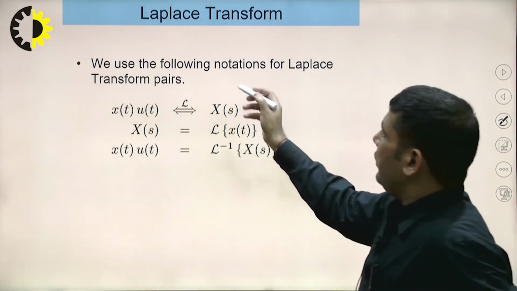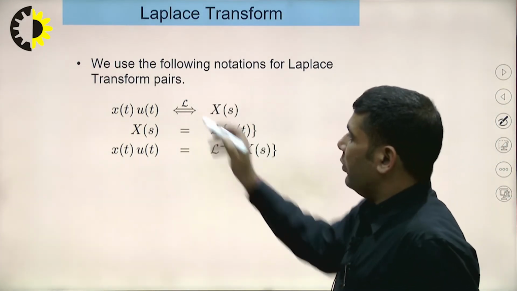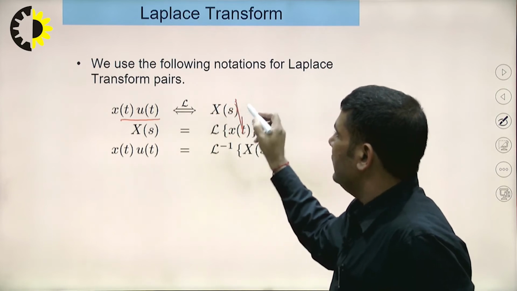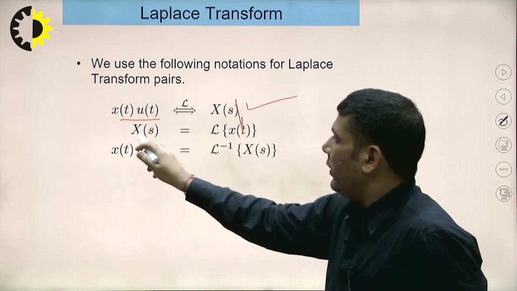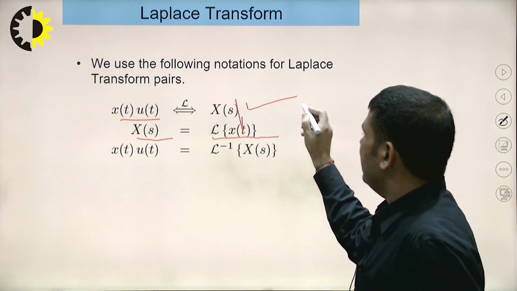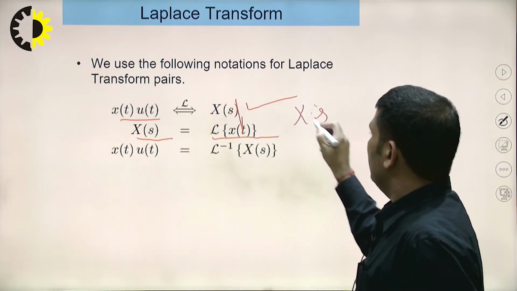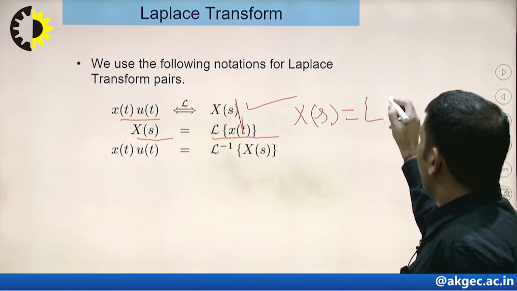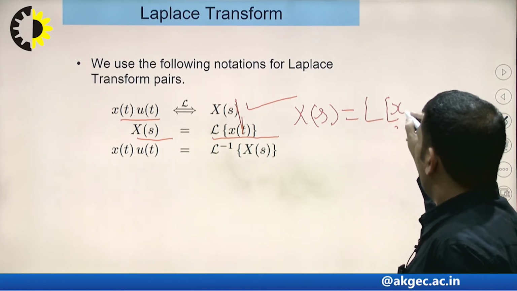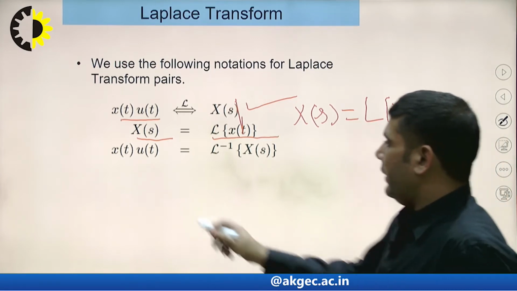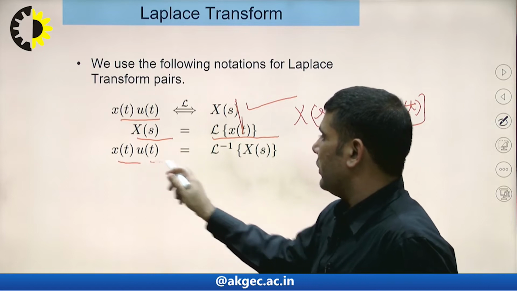Basically we use the following Laplace transform pair: x(t)u(t) and its Laplace transform, capital X(s), where X(s) is equal to L{x(t)}. And x(t)u(t) equals the inverse Laplace transform of X(s).